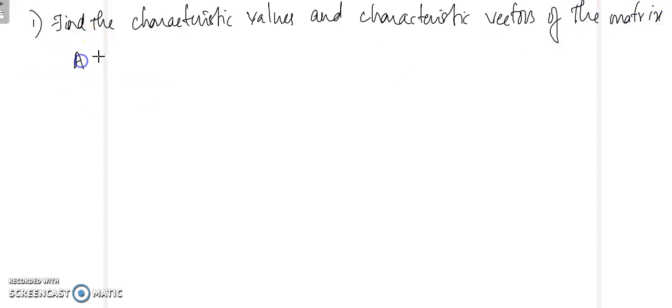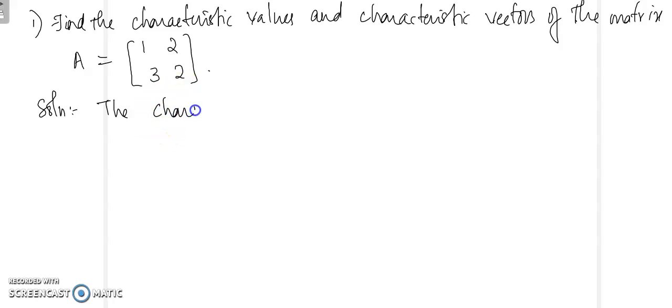So we have the matrix A equal to [1, 2; 3, 2]. So the characteristic equation is determinant of A minus lambda I equal to 0.